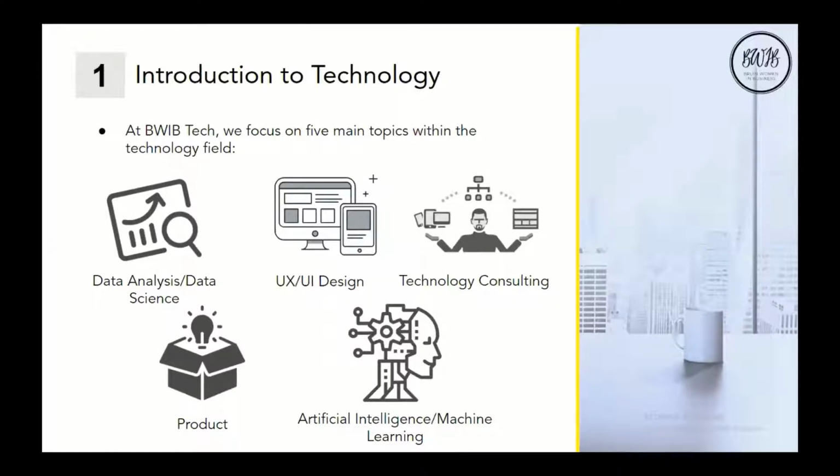So if you are within one aspect or focus of one of the topics that we cover, you can transition into another topic, or another field that we don't have listed here, pretty easily. Some of the topics that we cover are data analysis and science, UX UI design, technology consulting, product, that includes product design, development, marketing and management, and also AI and machine learning.